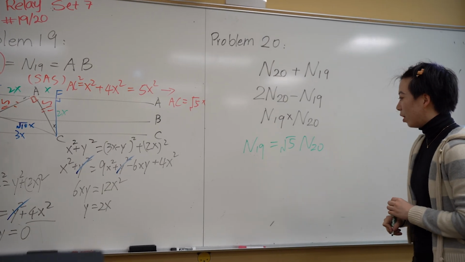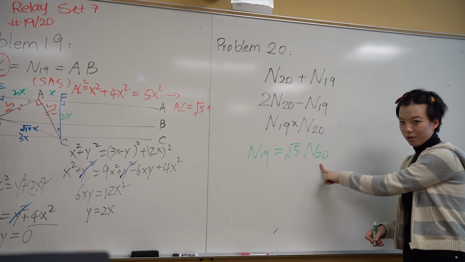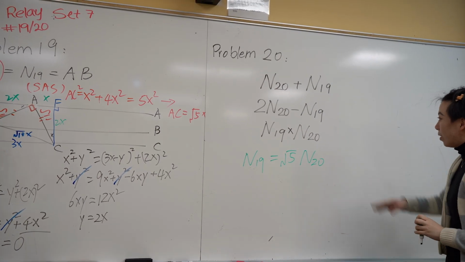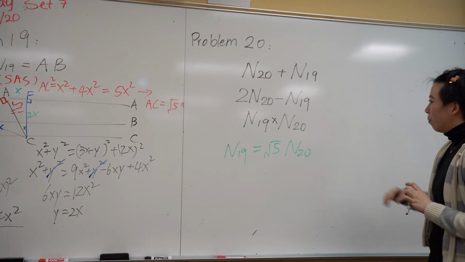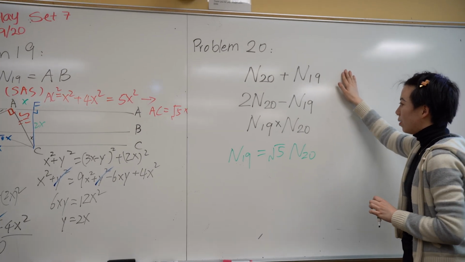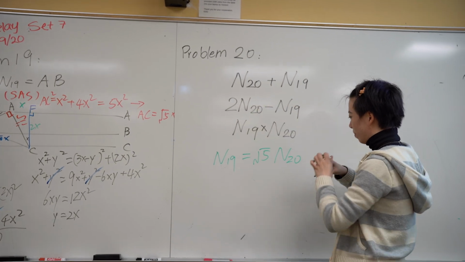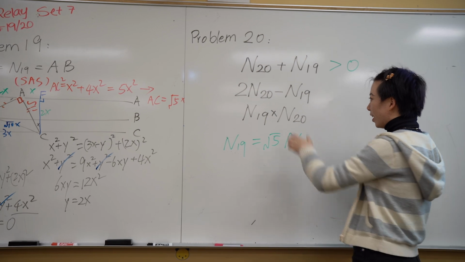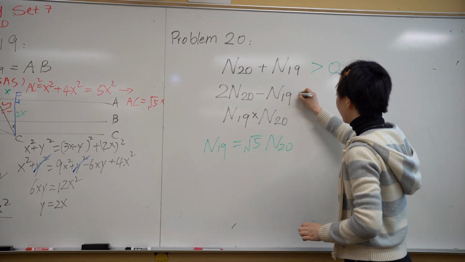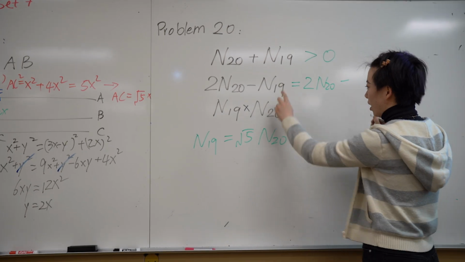Cool. And we also know that n19 is a positive number, which means that n20 will also be a positive number. Let's try to look at these three expressions one more time. Well, the first expression, we have n19 plus n20. Both of them are positive, which means that this expression will be greater than 0. If we look at the second expression, what this is equal to now is 2n20 minus n19.